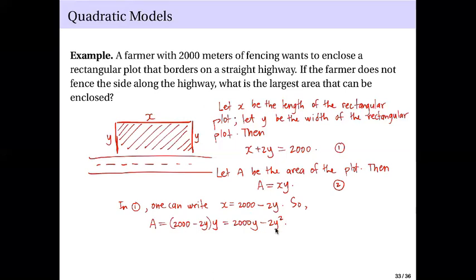Okay? So look at this. We want to find the largest area. And this will give us the area. So the question is, can we have a largest area, if the quadratic model of that area is given by this? Okay? Now, observe.